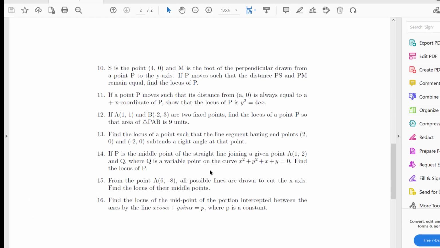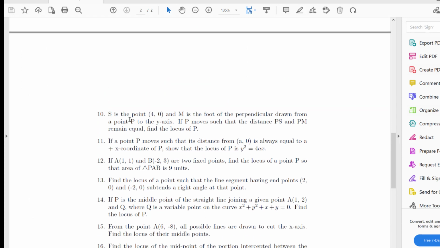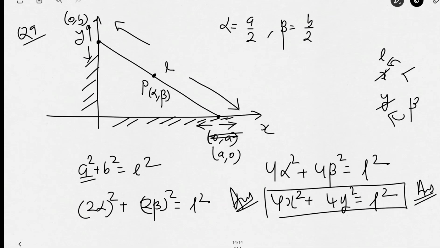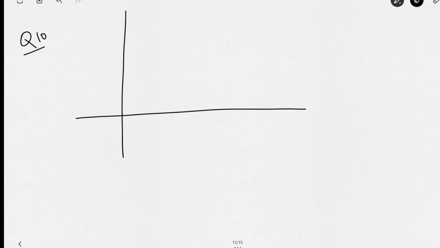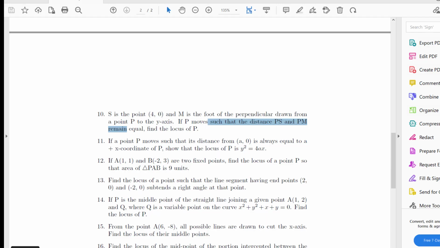Question 10. We have around 7 questions more. S is the point (4, 0), which is on the x-axis. M is the foot of the perpendicular drawn from a point P to the y-axis. If P moves such that the distances PS and PM remain equal, find the locus of P. So already one point is given, S (4, 0), on the x-axis.